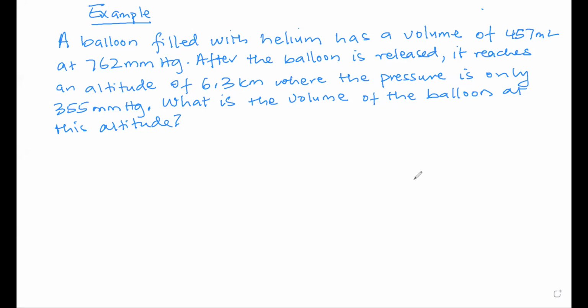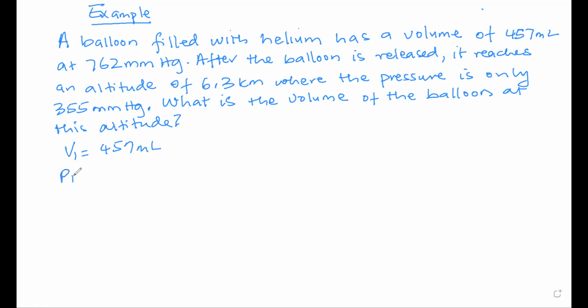So in solving this problem, you have to analyze the question. Try to understand what the question is telling you to do. Don't jump into it. So you have to look at what is given here. A balloon filled with helium has a volume of, so the initial volume is 457 milliliter at 762 millimeter mercury.